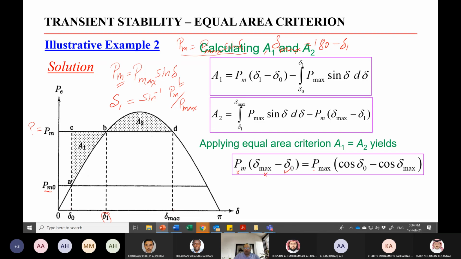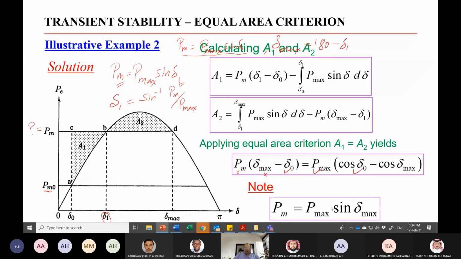Delta 0 is known, B max definitely is known, and delta max is the same here. So you can, of course, express Bm in terms of delta max or delta max in terms of Bm, and this is the situation here. So Bm equal to B max sine delta max.